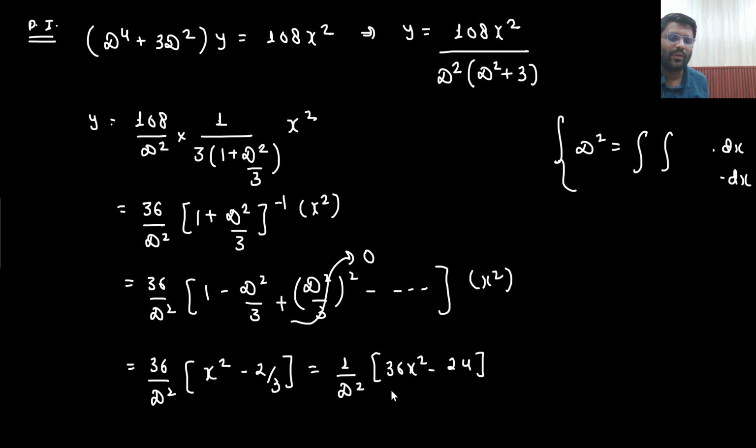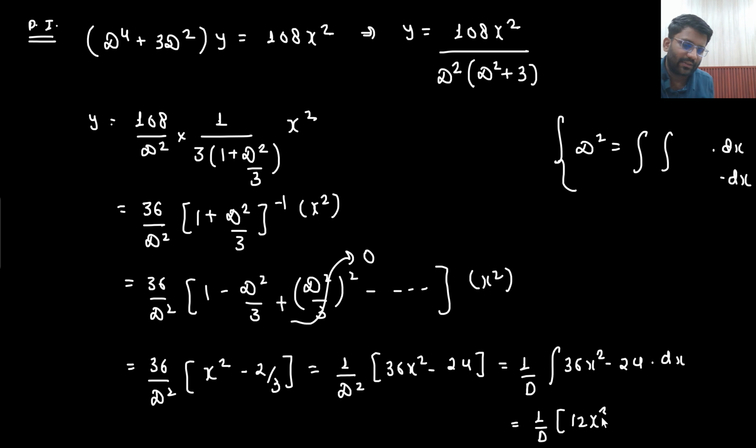What you need to do now? You need to integrate twice. If I take 1 by D, that means I am integrating one time. When you integrate one time, what you will be getting? 1 by D: 36x^3 by 3, 12x^3 minus 24x. Now you need to integrate one more time.